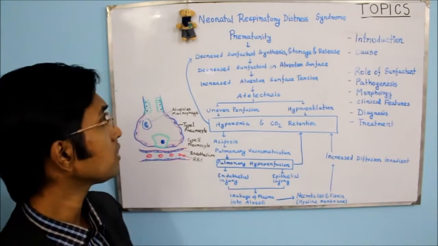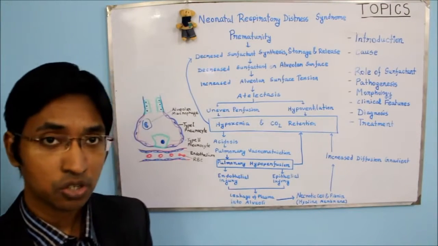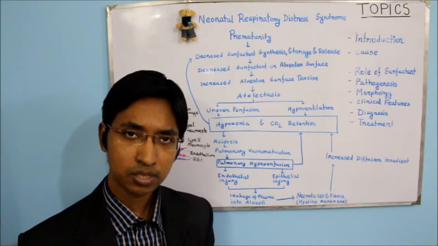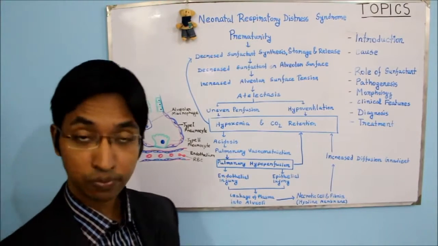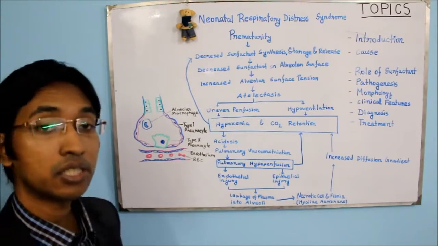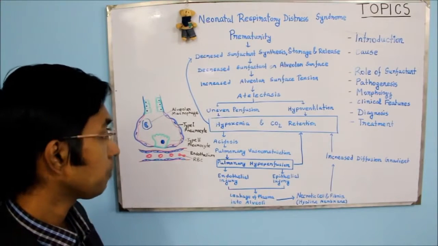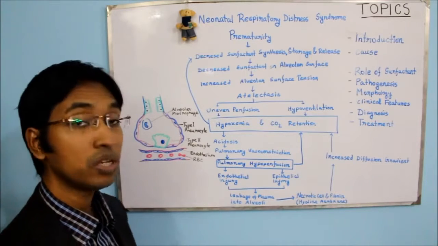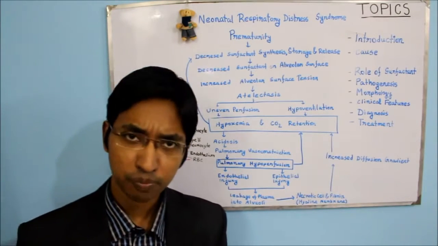But what will happen to the baby who is suffering from hyaline membrane disease or this neonatal respiratory distress syndrome? Due to lack of surfactant or deficiency of surfactant in the lung alveoli, the surface tension of the lung alveoli will be high, and therefore the lung alveoli will collapse at the end of every expiration.